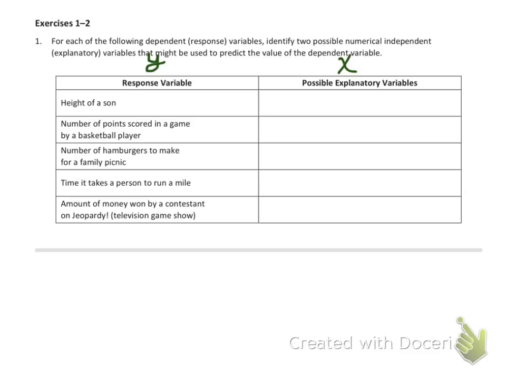Some obvious ones, and you can look in the answer key maybe for even more: the height of the father or the height of the mother could probably be a good explanatory variable that could be used to predict the height of a son.